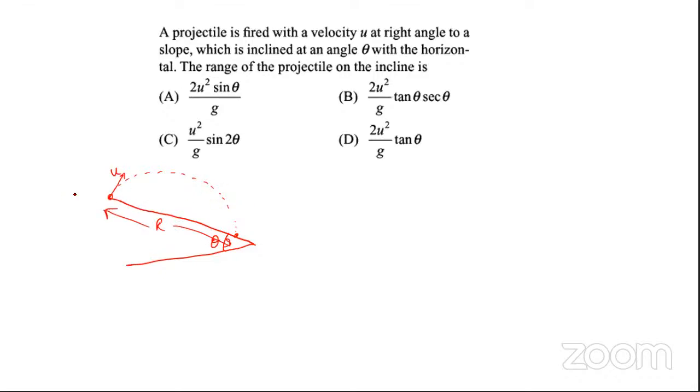So what we do is we first take our axis parallel and perpendicular to it. Alright, and we try to apply the equation of motion for distance in the y direction because what we know is it is coming back to the same height, that is 0.